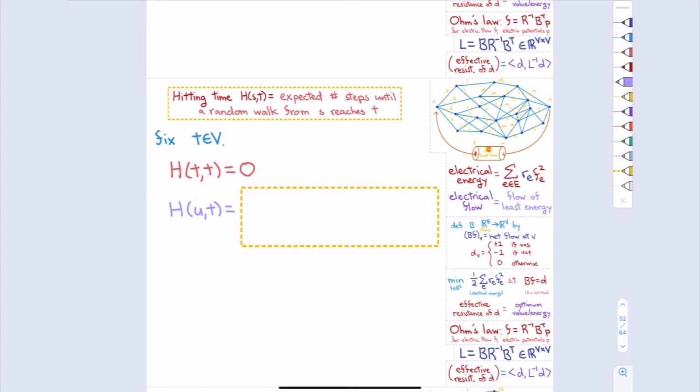So, okay, so if I'm trying to go from U to T, but U is not equal to T, I'm going to take one step, one random step, okay? And then I'm going to choose a random neighbor. So, okay, there's degree U neighbors. I'll choose one of them with equal probability. And so we'll sum over all the neighbors of U. And so once I go to V, then what's the time to get to T in expectation?